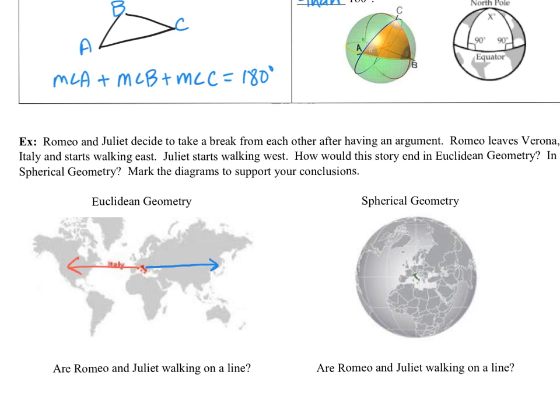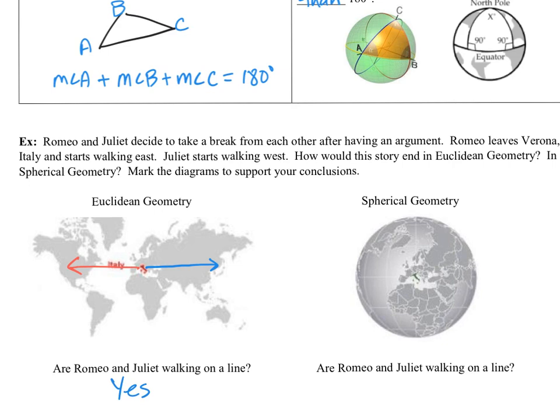Well, what do we know about lines in Euclidean geometry? They extend forever in both directions. So if this were the case, Romeo and Juliet would never meet again because they would go forever in opposite directions. Are Romeo and Juliet walking on the line? Well, the answer is yes, because we are looking at a pair of opposite rays.